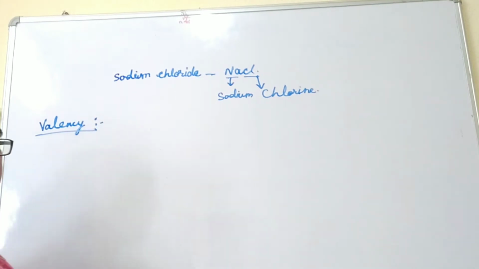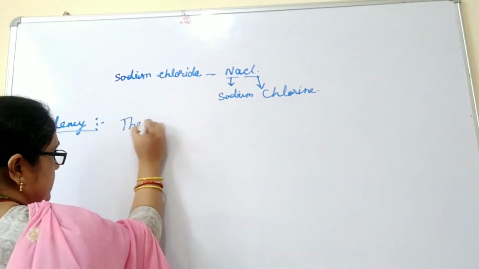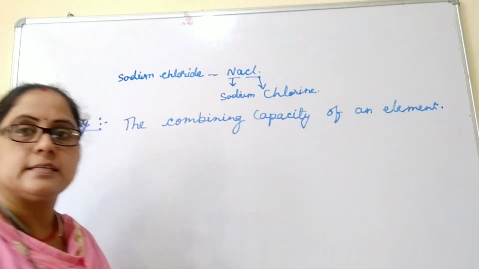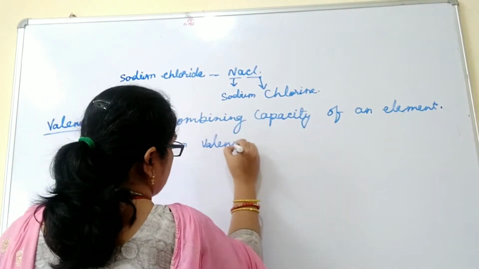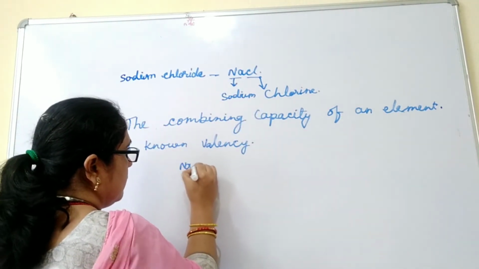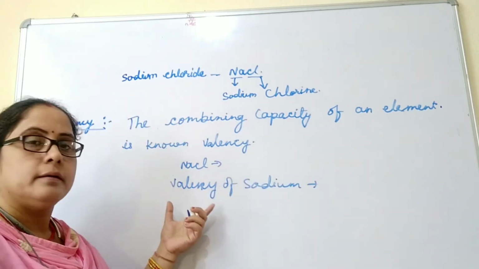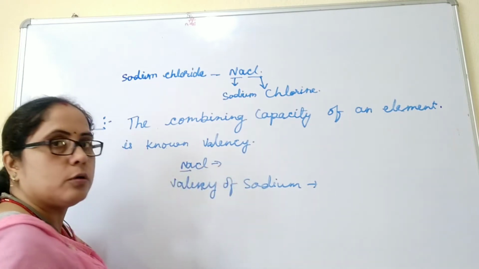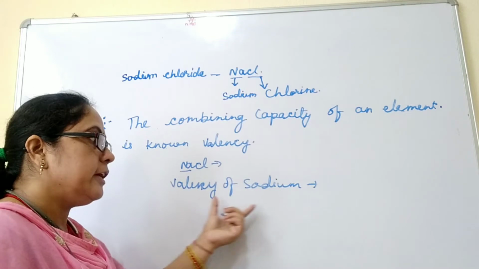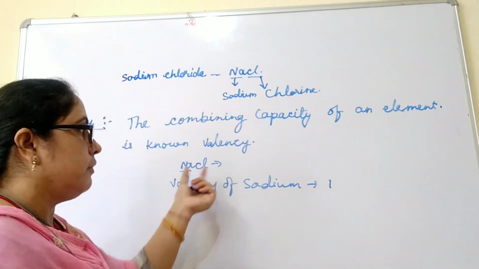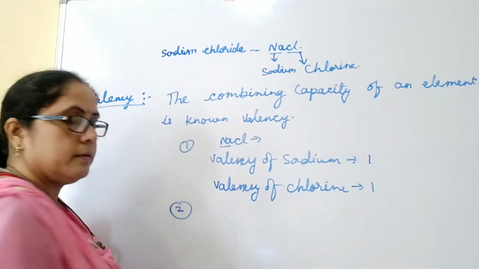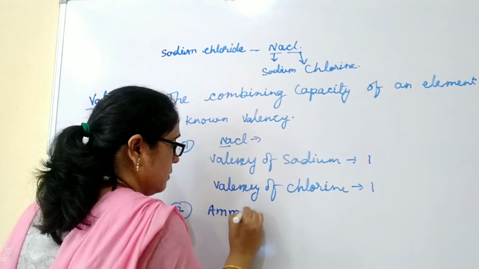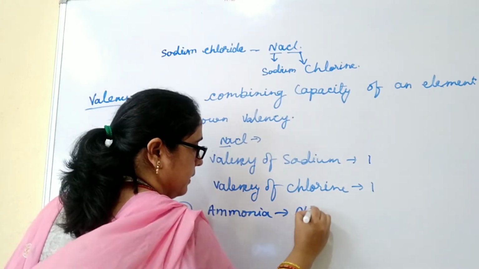So valency we can define as the combining capacity of an element. That is called its valency. It means in NaCl, one atom of sodium combined with one atom of chlorine. Therefore, valency of sodium is 1 and valency of chlorine is also 1. In the ammonia compound, the formula of ammonia is NH3.